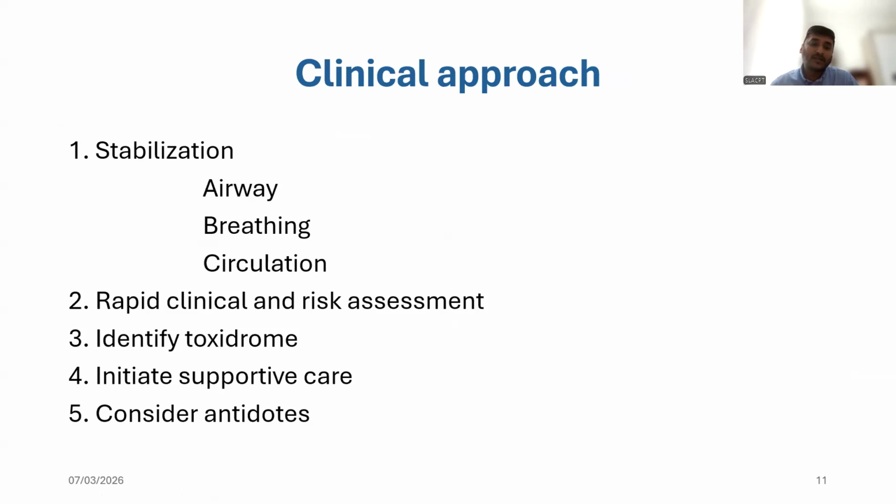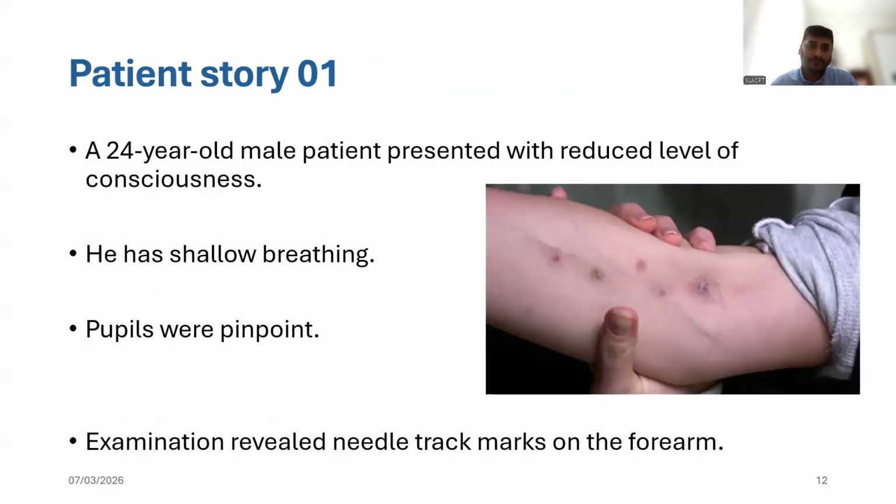Most of the time we will not find antidotes, but if there are specific antidotes, we will use them and initiate supportive care. As we go along, you will see that for most of these recreational drug overdoses, there's limited place for activated charcoal and other gastric decontamination measures.